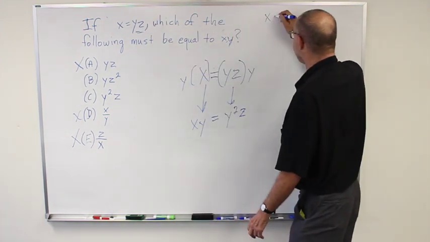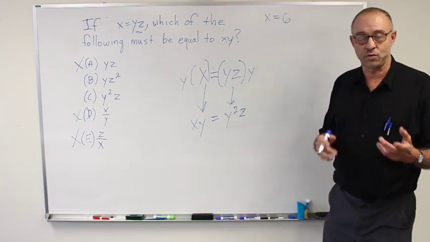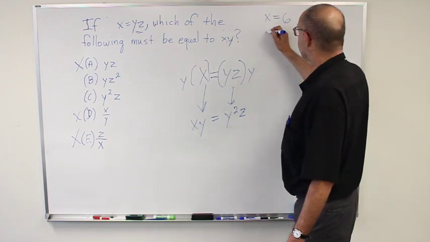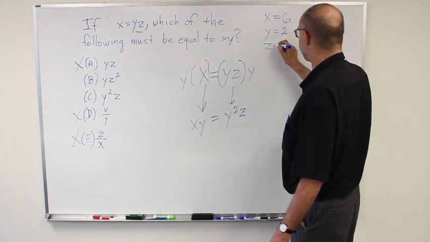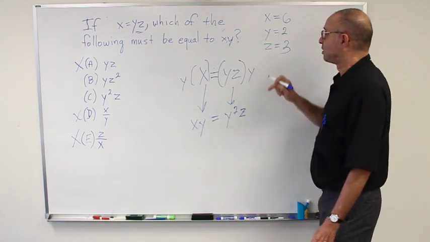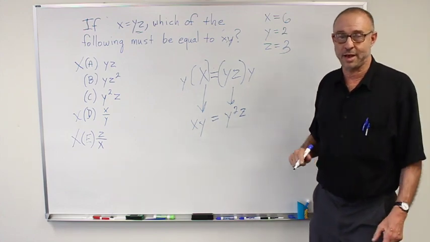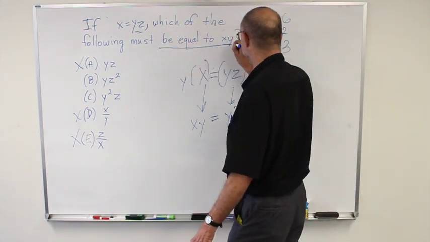So I'm going to pick an easy number for x, 6, that has 2 distinct factors. And I'm going to say y is 2 and z is 3, because I have to have y times z equal to 6.